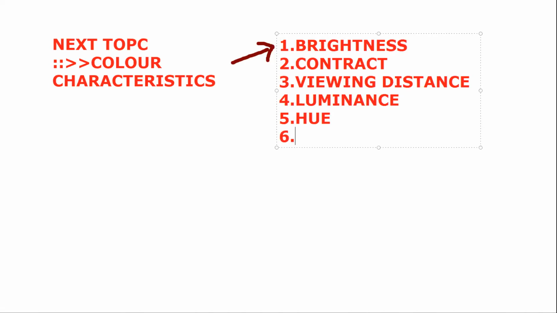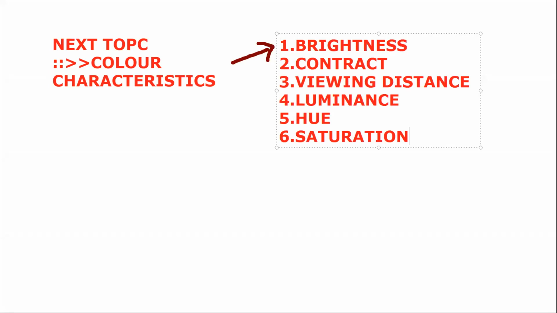The sixth one is called saturation. This is the spectral purity of color light. Since single hue colors rarely occur alone, this indicates the amount of color present.